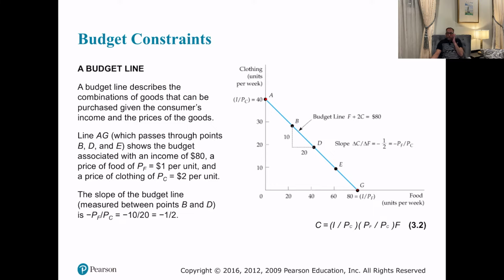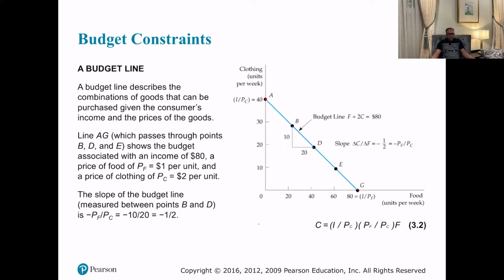This line represents all the combinations that the consumer is able to buy with the available income, which here is $80. Line AG, which passes through points B, D and E, shows the budget associated with an income of $80. The price of food, PF, is $1 as I mentioned, and the price of clothing, PC, is $2.